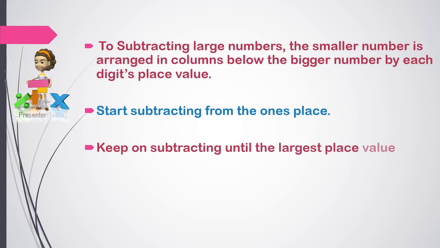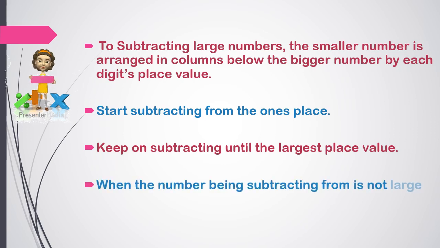Keep on subtracting until the largest place value. Whenever we add, subtract, or multiply, at that time we have to start from the ones place, then keep on doing it until the largest place value. So ones, tens, hundreds, thousands, ten thousands, like that.